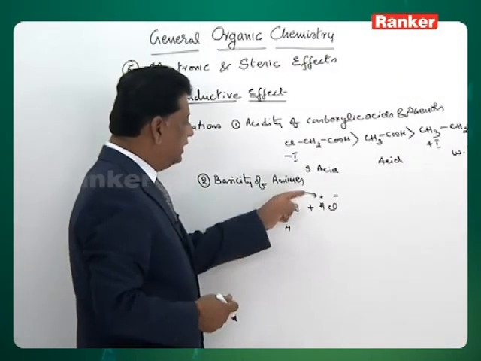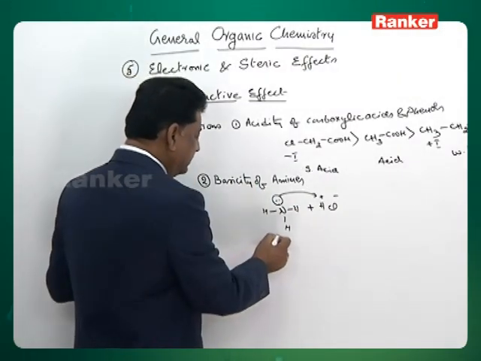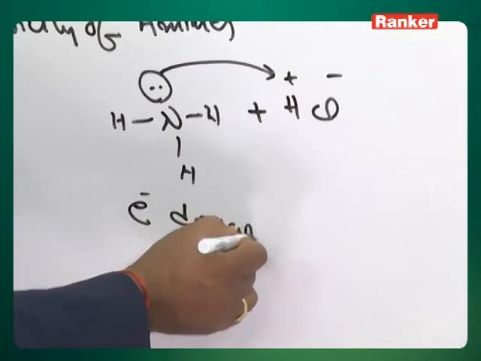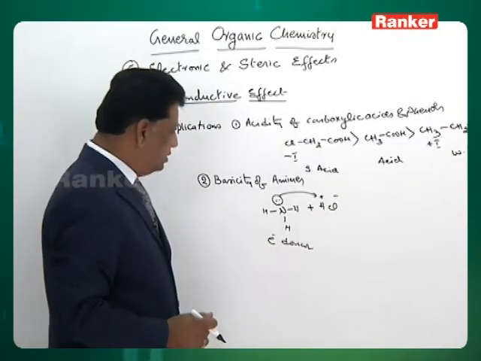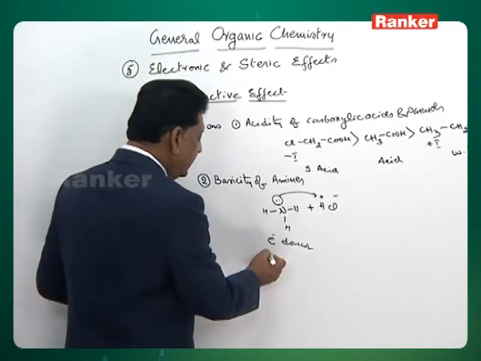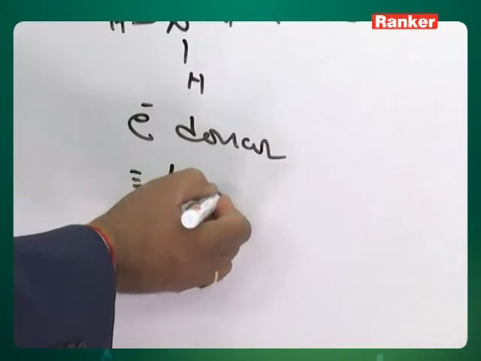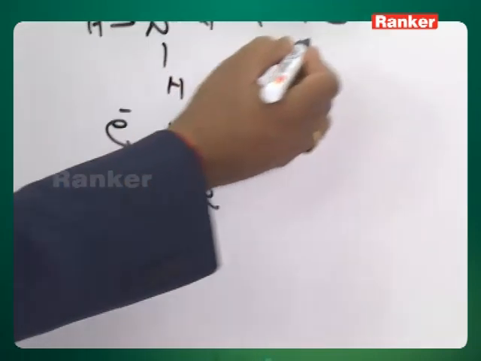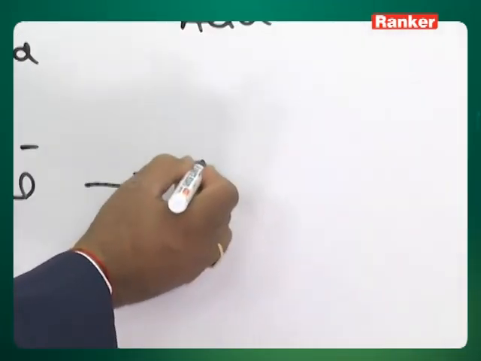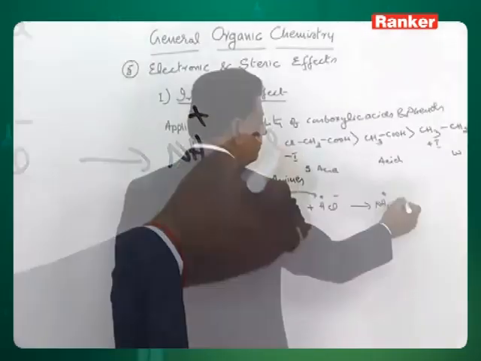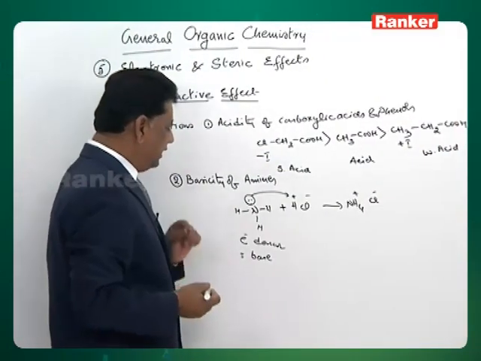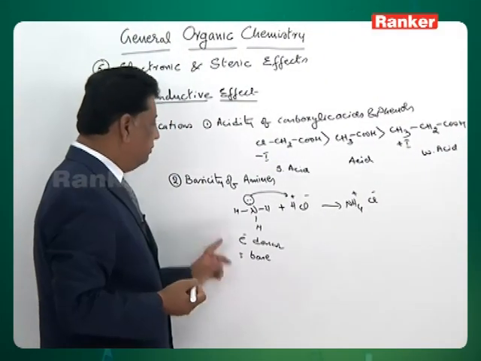So, ammonia is an electron donor in this case. All electron donors, in the modern theory also, we accept as a base. Therefore, ammonia is a base, and it gives ammonium chloride, a salt formation. So, the ammonia is acting as an electron donor, therefore it is a base.